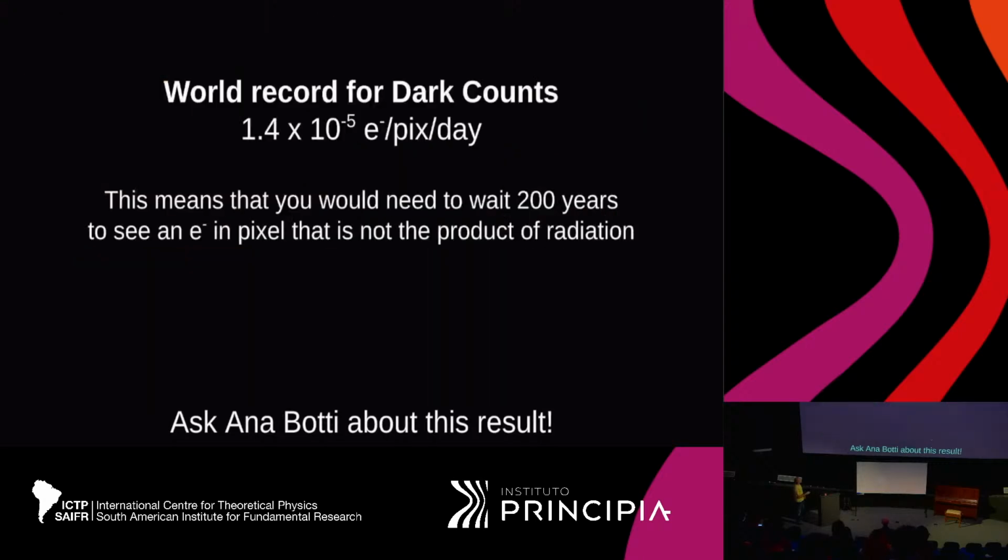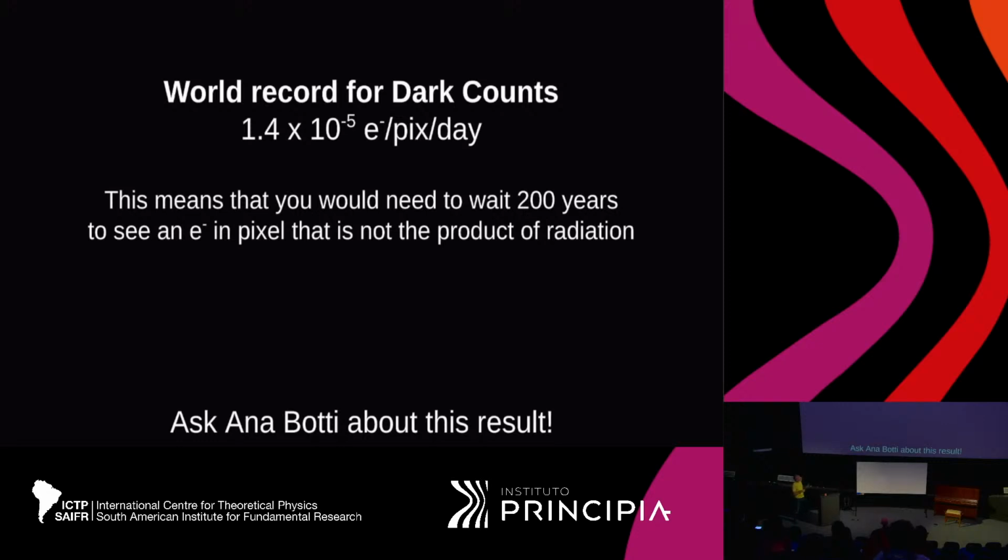And this produced the world record for dark counts, that is 1.4 times 10 to the minus 5 electrons per pixel per day. This translates to essentially that if you are looking at a single pixel, you would need to wait more than 200 years to see one electron in that thing that is not produced by environmental radiation, okay? And ask Anna, who was leading this analysis and effort for Sensei, okay?